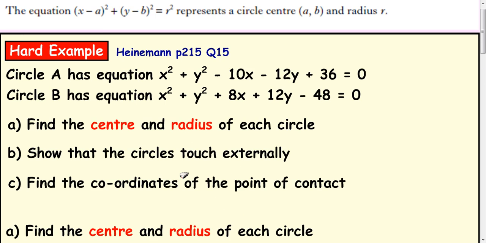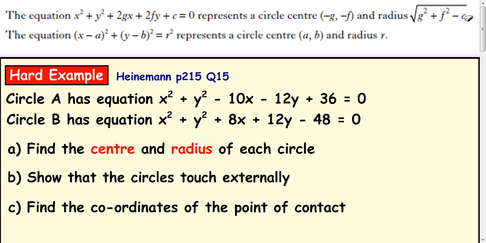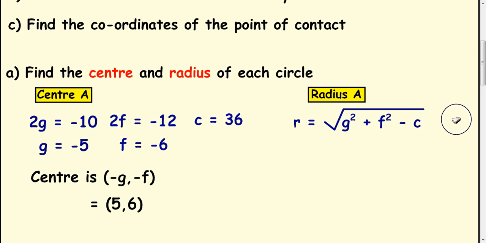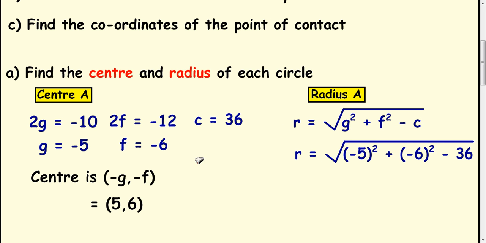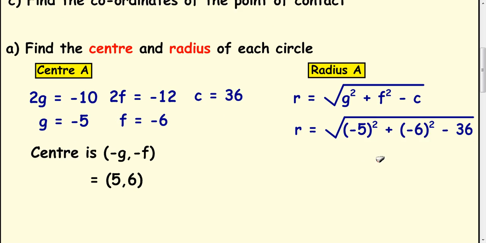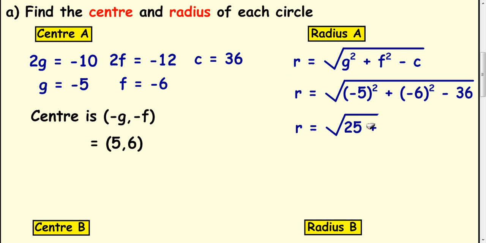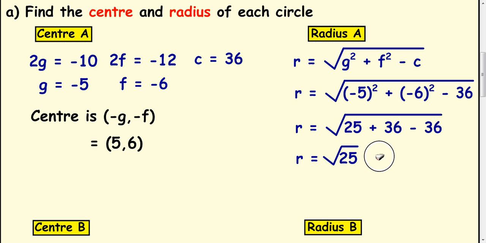The radius is the square root of g squared plus f squared minus c, from the formula sheet. So putting in your values, negative 5 squared plus negative 6 squared, take away 36. 25, add 36, take away 36, we're going to end up with square root of 25, which is 5.